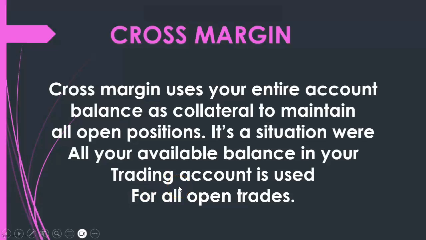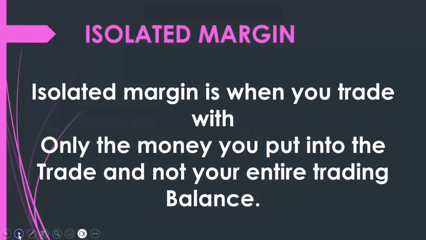Because you use cross margin to trade, it will eat into that $450 you have left in your balance, right? So that is how cross margin actually works. So once you are trading, you know exactly what to go for, right?